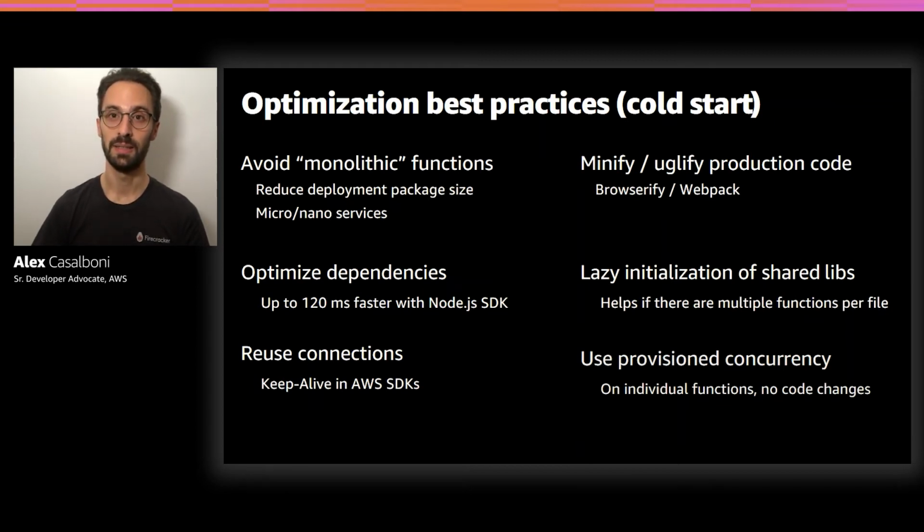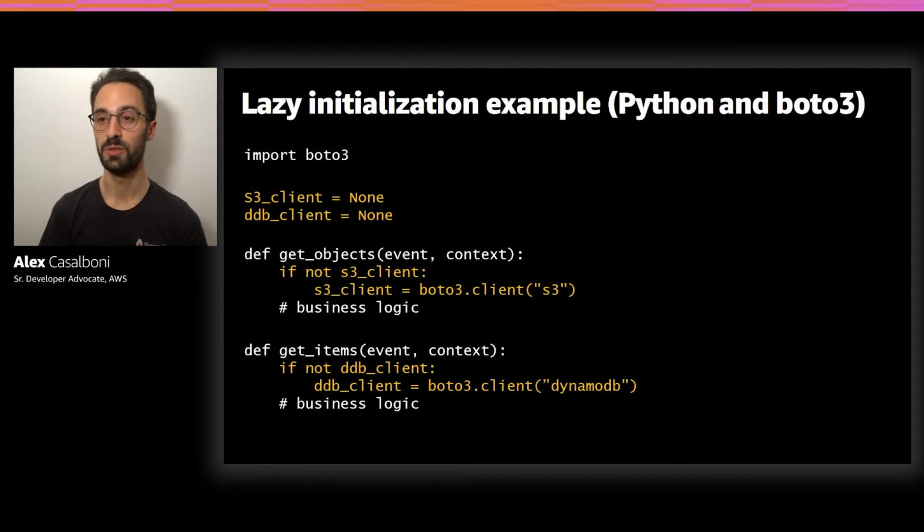Especially for those use cases where you can predict how much scale you're going to need, how many concurrent API calls or executions you're going to have, provisioned concurrency is a pretty useful mechanism to basically get rid of cold starts. So you're pre-provisioning environments that are going to be warm for you as long as you need them. Let me show you a few examples.